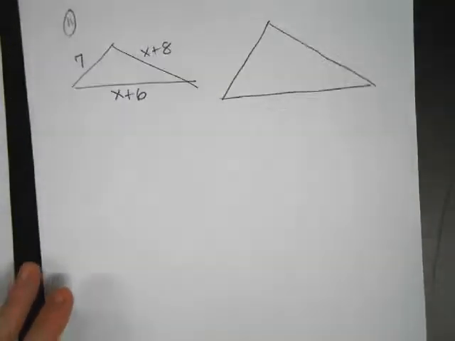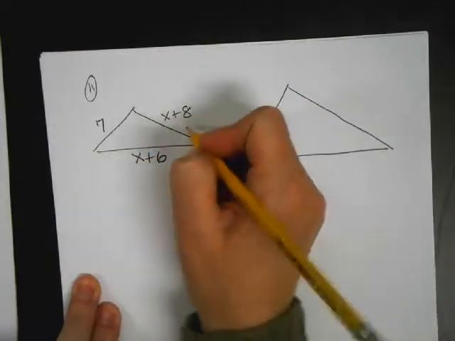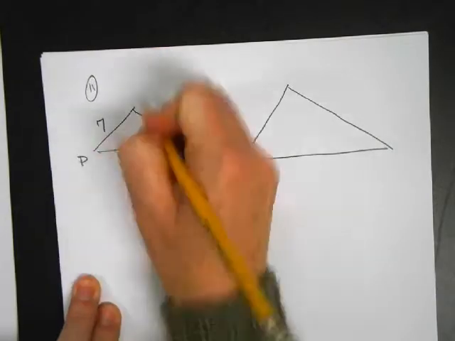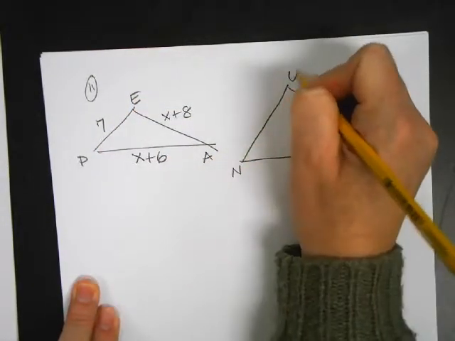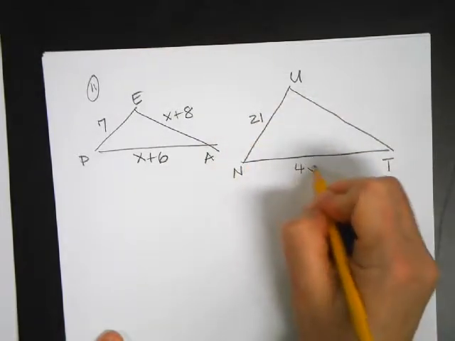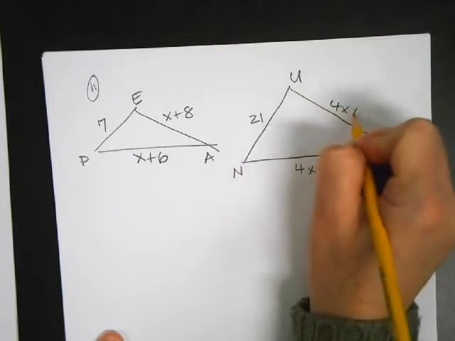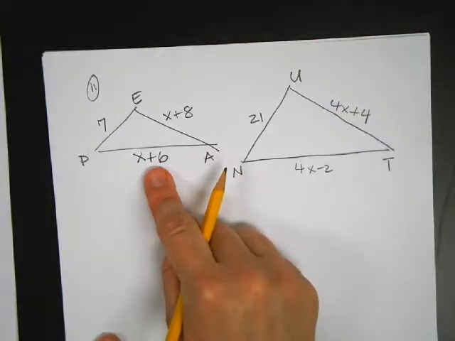Okay, number 11. Okay, so it tells you in number 11 that the triangles are similar.